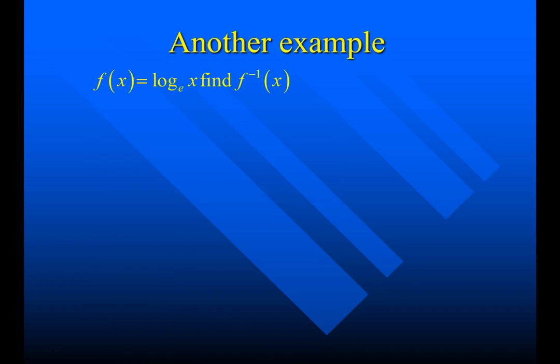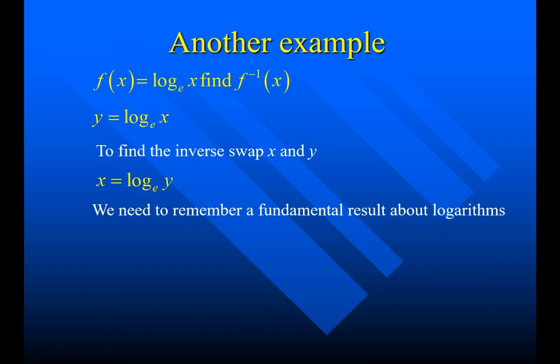If f of x is equal to the log of x to base e, find the inverse function. So step 1, replace f of x with y, which we've seen lots of times before. Now, step 2, swap x and y. So x is equal to the log of y to base e.